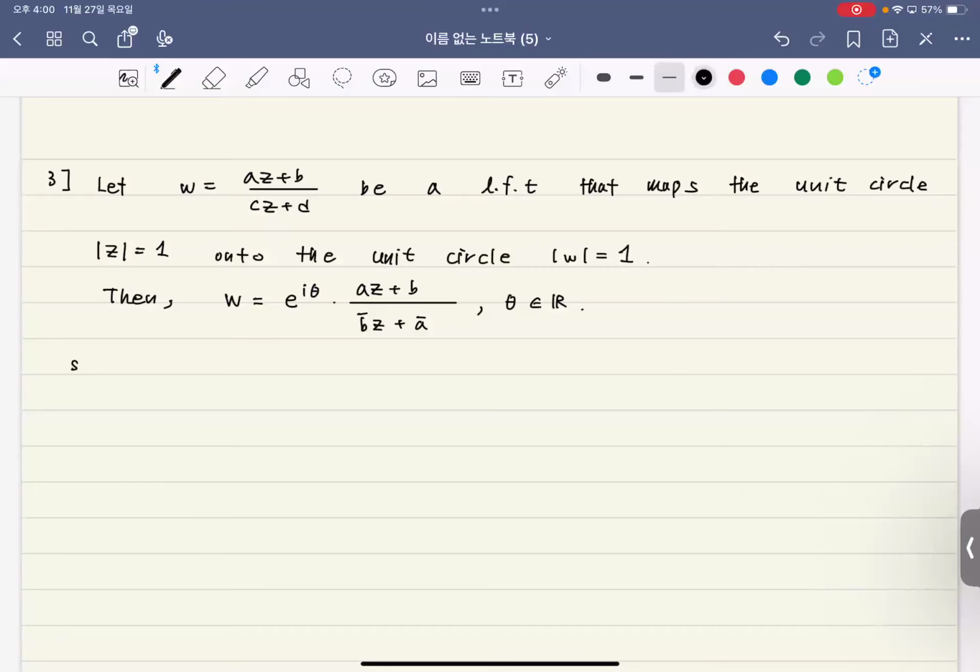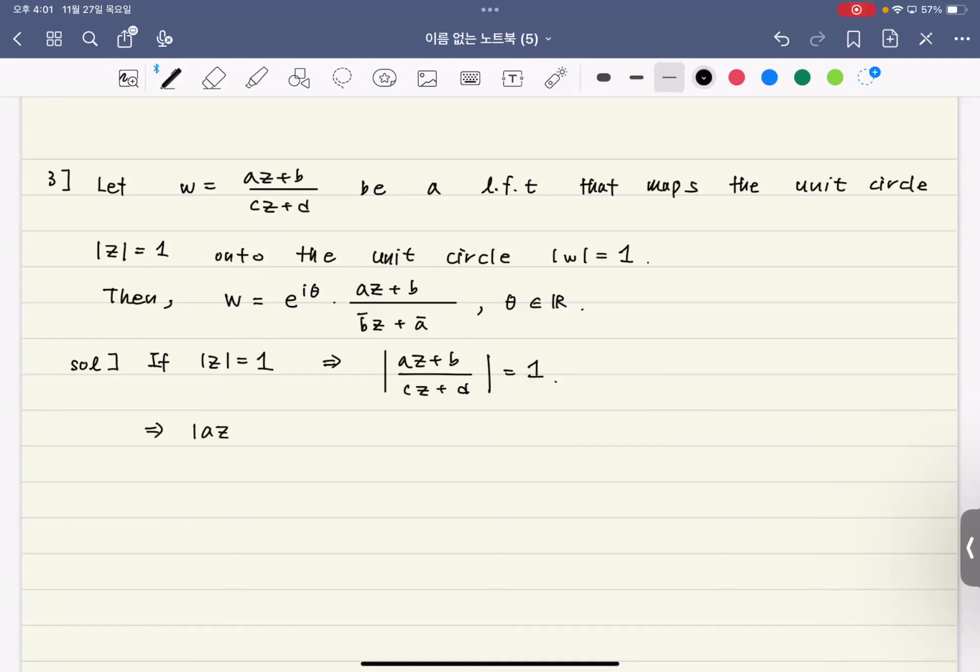All right, so why? Well, since this maps the unit circle to the unit circle, if I plug in any complex number Z whose modulus equals 1, then the resulting number W also must have modulus 1. And I want to rephrase this second condition.